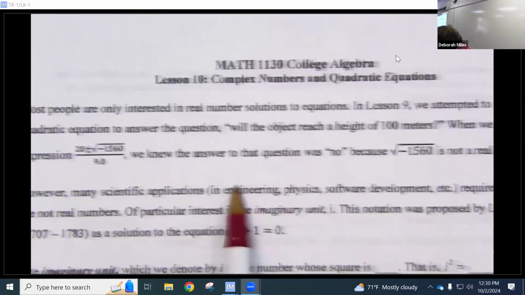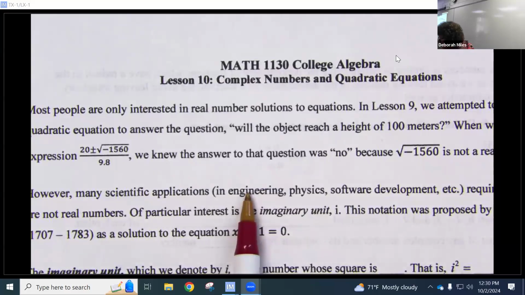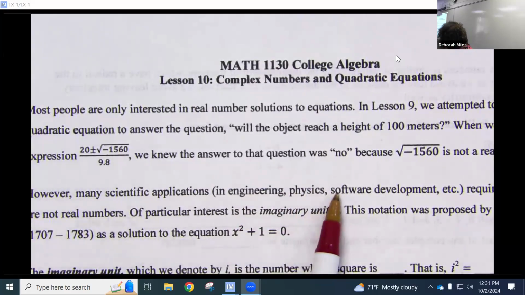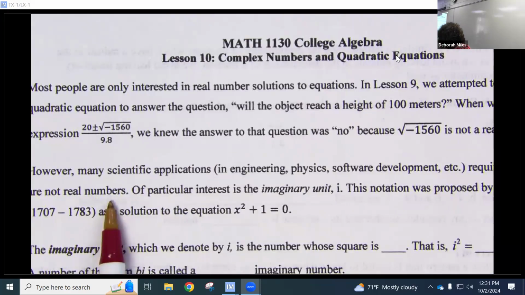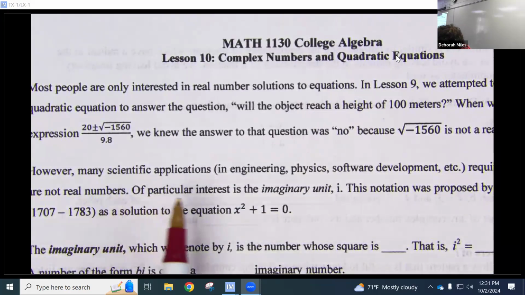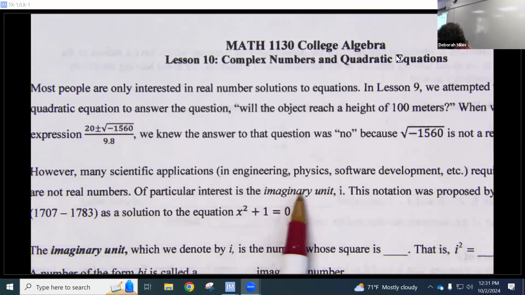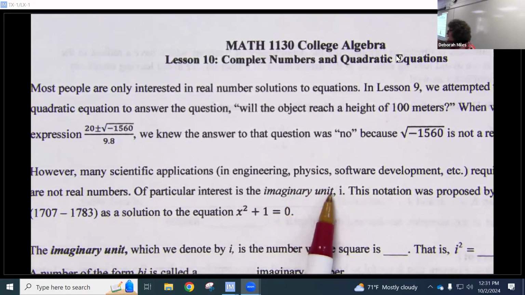But many scientific applications in engineering, physics, software development, and so on require solutions which are not real numbers. Of particular interest is the imaginary unit i. From now on, instead of writing not a real number, we're going to write an answer with an i in it.